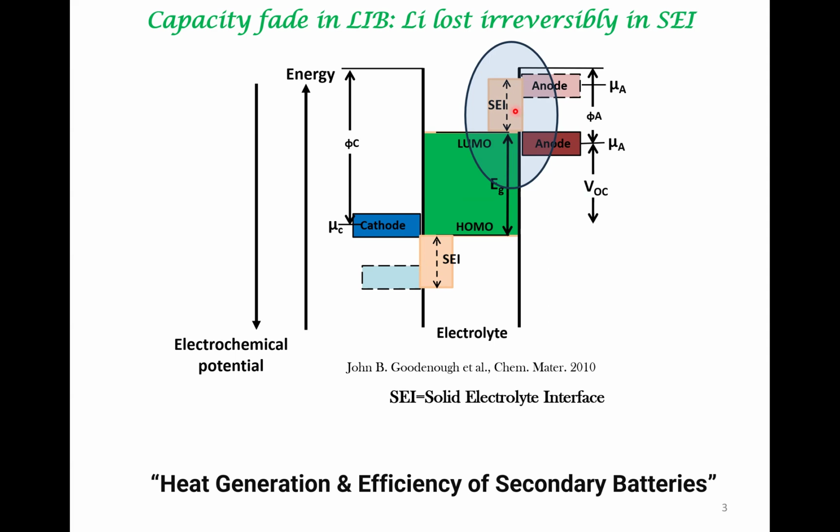Typically when you have lithium being cycled, the lithium shuttles between one electrode to the other. So that is the reversible movement of lithium. That is the central feature of a secondary battery, but the capacity fade in a lithium-ion battery is attributed to lithium that gets stored in the solid electrolyte interface but cannot be retrieved any further and cannot be used for further cycling.